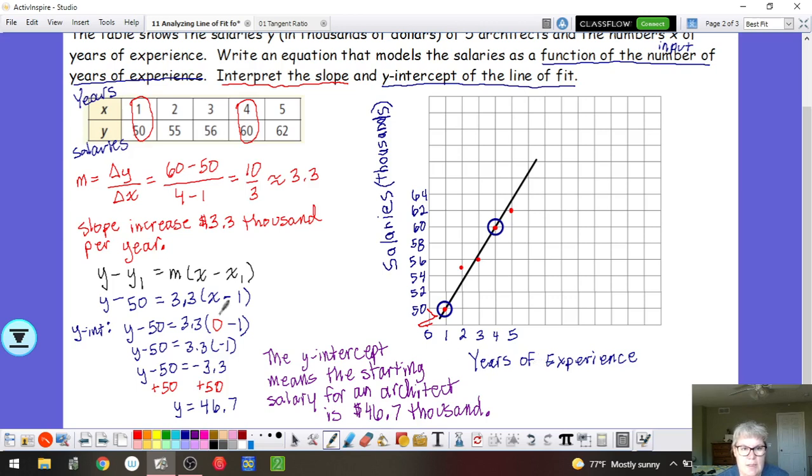So we're able to get a little bit more precise in some values when we use the equation of a line of fit.